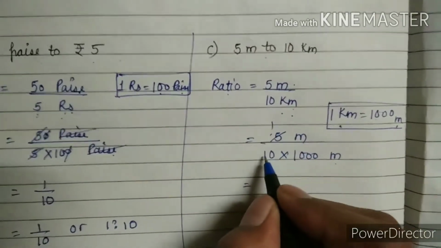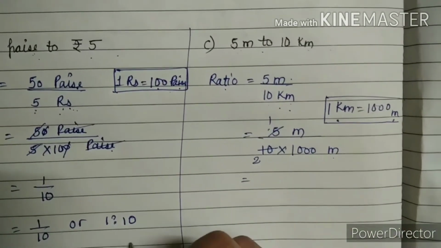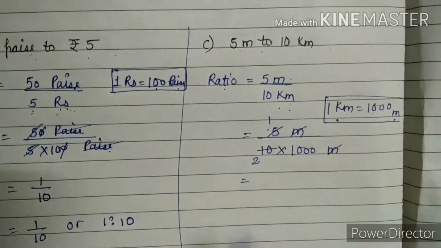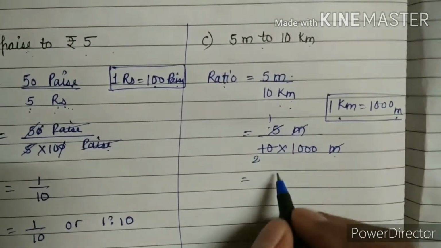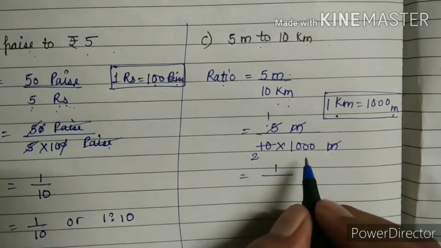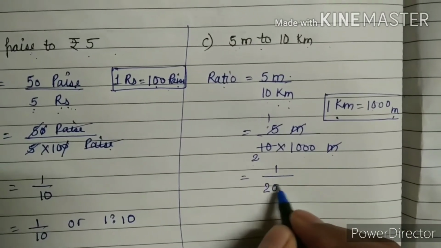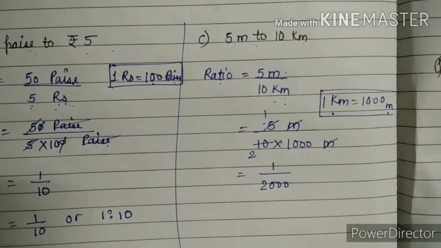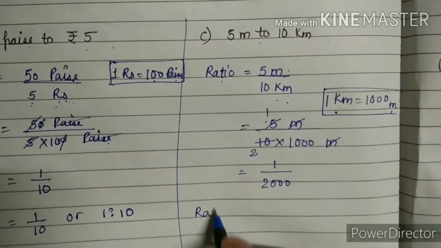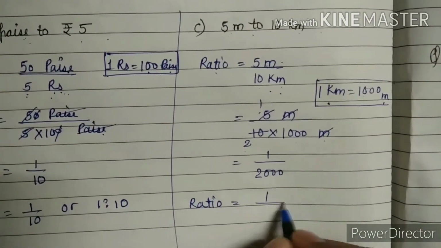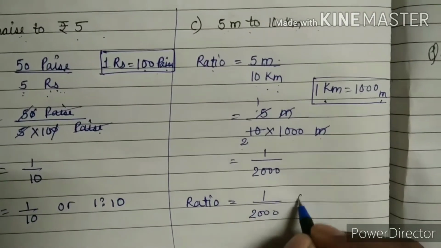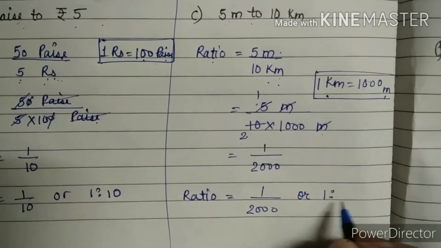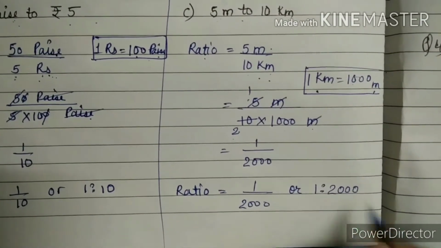So 5 1s are 5, 5 2s are 10. Meter to meter cut, 1 as it is, and 2 into 1000 is 2000. So our ratio will become 1 by 2000 or 1 ratio 2000.